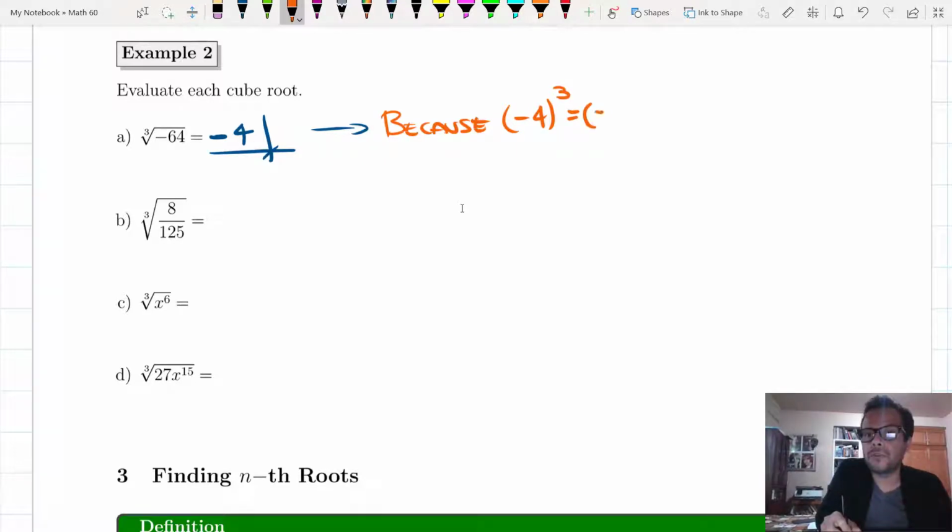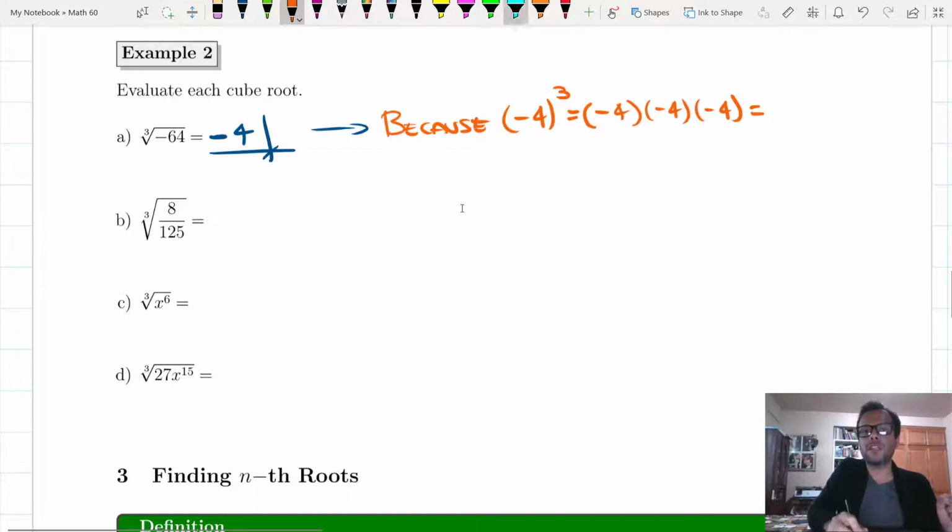Okay, you might want to expand all this: negative 4 times negative 4 times negative 4. That's what negative 4 cubed means, multiply the same quantity by itself. First of all, multiply the numbers. 4 times 4 is going to be 16, and then 16 times 4 will be back to 64, which is what we had initially.